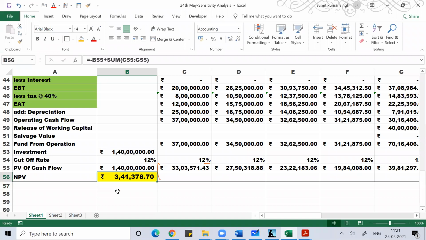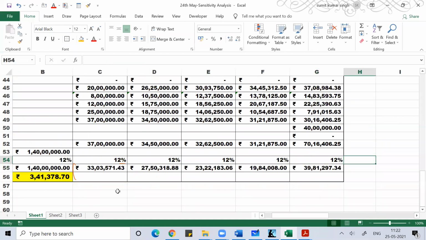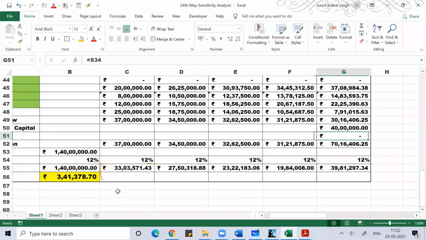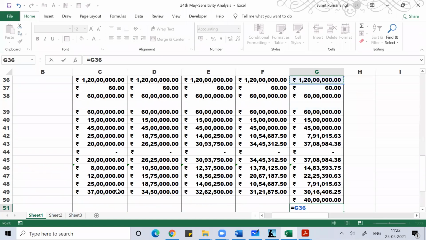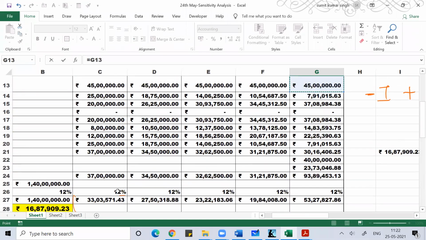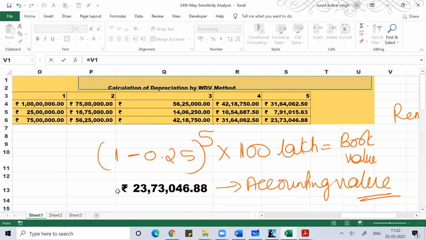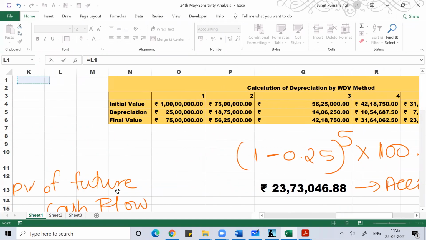Correct, then this is 12%, C5 to the power C5, correct, yes, this got changed. Salvage value, I have to fix the salvage value. What was the salvage value? This was the salvage value.